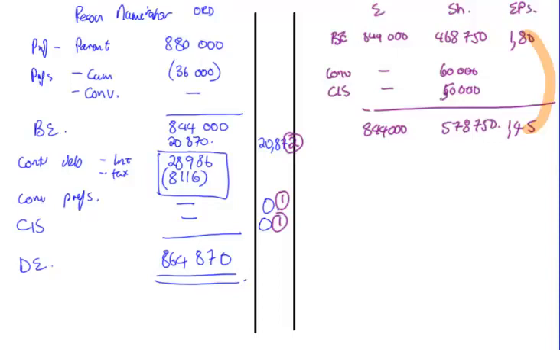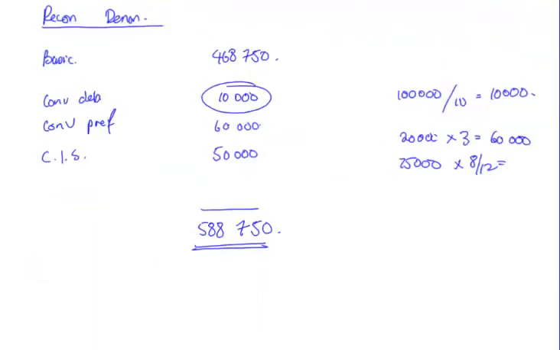Now what we're going to check is the one that ranks number 2, the convertible debentures, okay? And there was an interest saving of 2,870. The number of shares they would convert into is only 10,000.